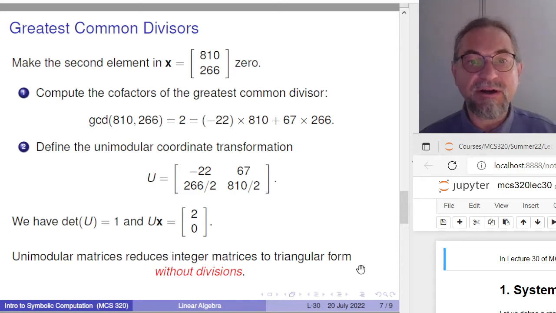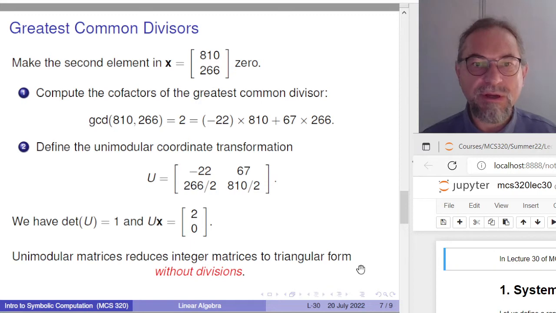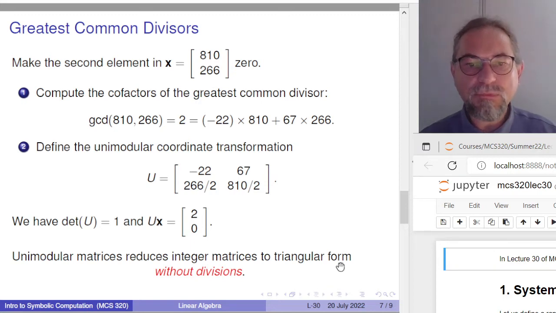These cofactors are interesting to define the unimodular coordinate transformation. So in order to introduce a 0 on the second row, we introduce, and I see now that there is a sign error, so I forgot a negative.